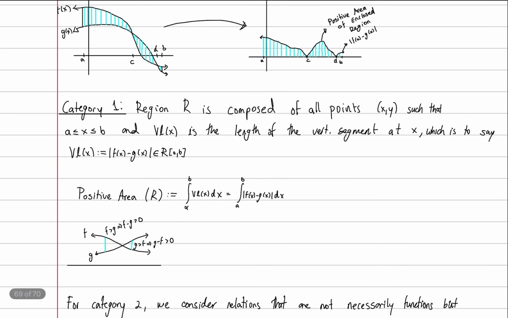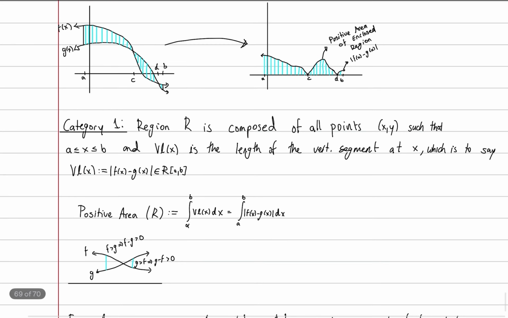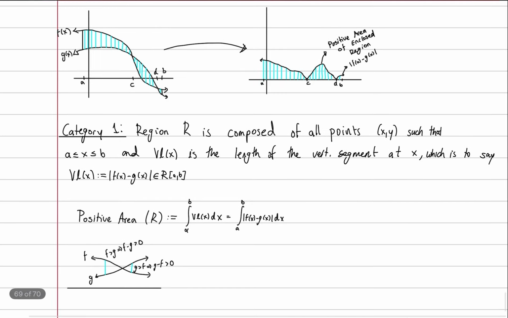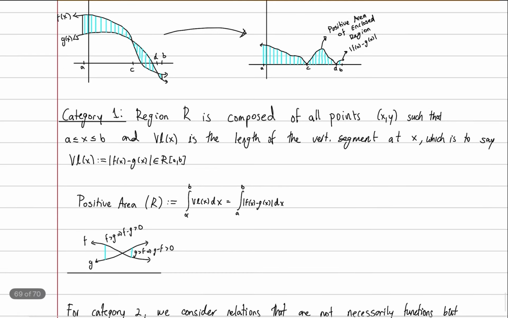Category one has to do with the x-axis. Region R is composed of all points x comma y such that x is between a and b and y is, obviously, between f and g at any point. That's a bit more complicated, but you just need to know what your region looks like. And that's obvious, hopefully.